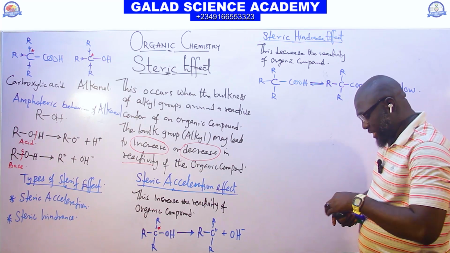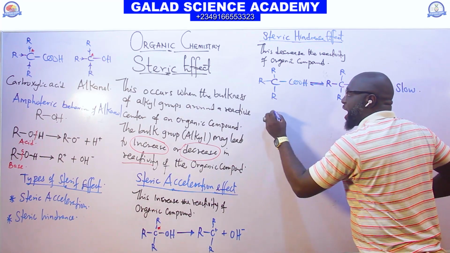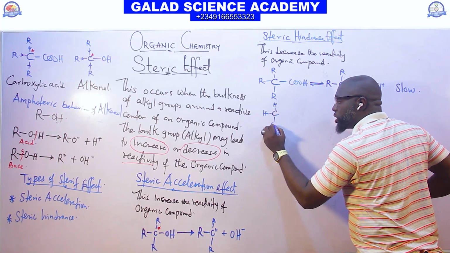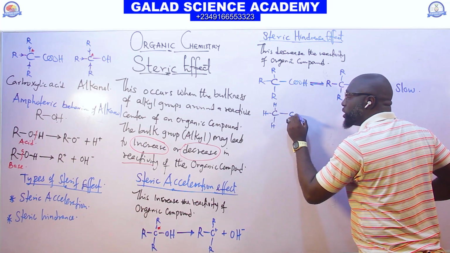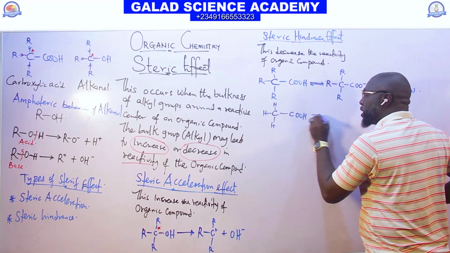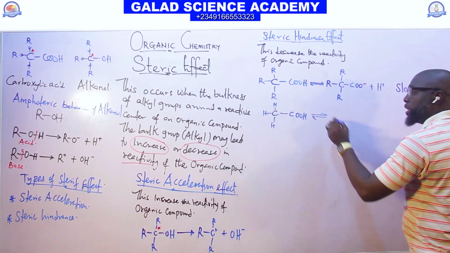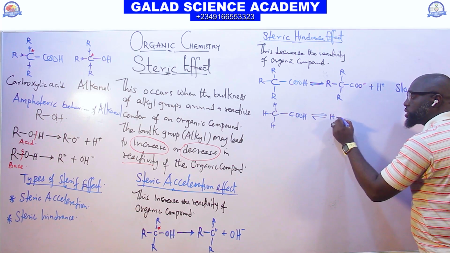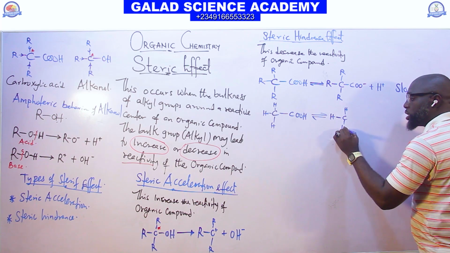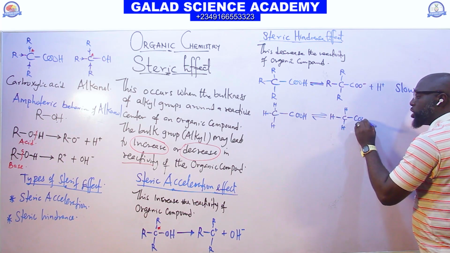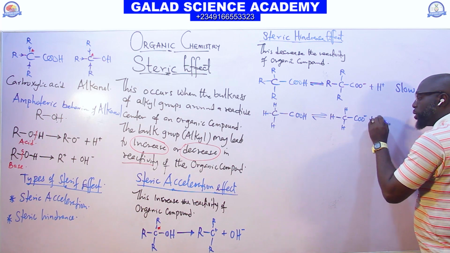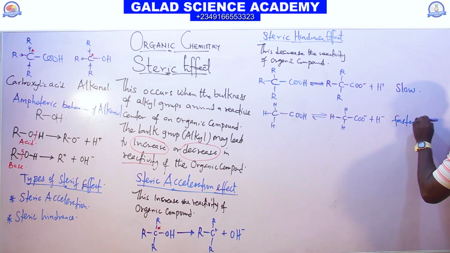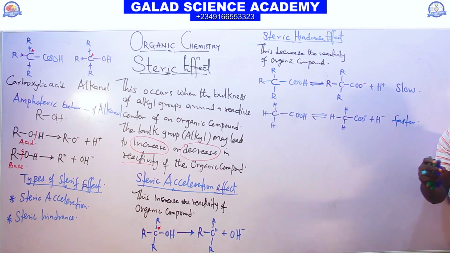Take another example. If I have CH3COOH like this, if this one wants to ionize, it will give us CH3COO minus plus hydrogen ion. This reaction will be faster. What makes this one faster than this?